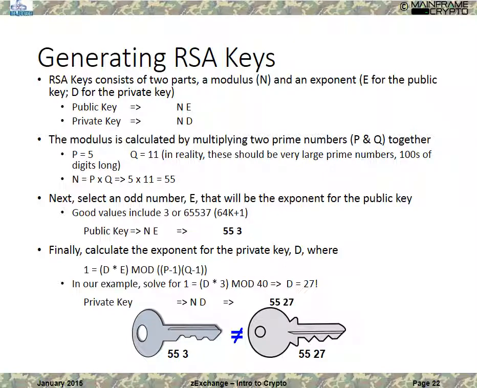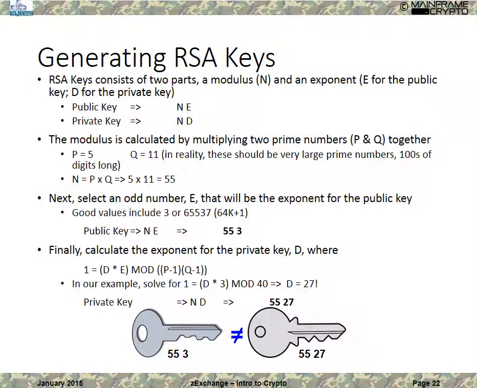Now, I've got to calculate the corresponding private key value. My private key has to fit into the equation 1 equals d times e. The private key is going to be the d, mod p minus 1 times q minus 1.